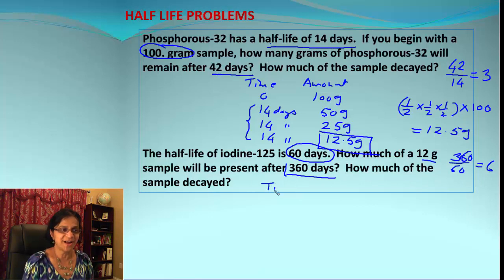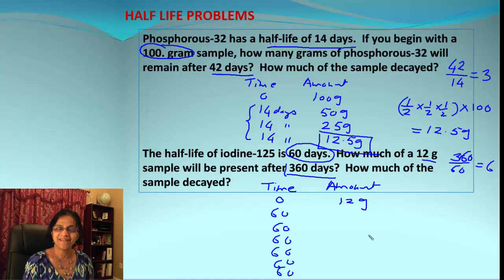So let's find out how much will remain after 6 half-lives. At time 0, we begin with 12 grams, and let's represent the 6 half-lives. From 12, we go down to 6 grams.